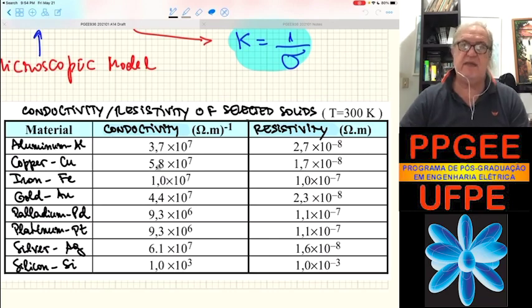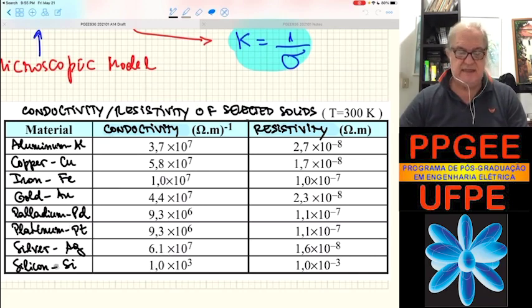Copper is 5.8. Iron is 1. It's a worse conductor than copper or aluminum. Gold is 4.4. Palladium is 10 to the 7 approximately. Platinum as well is almost 10 to the 7, right? Silver is 6 times 10 to the 7.